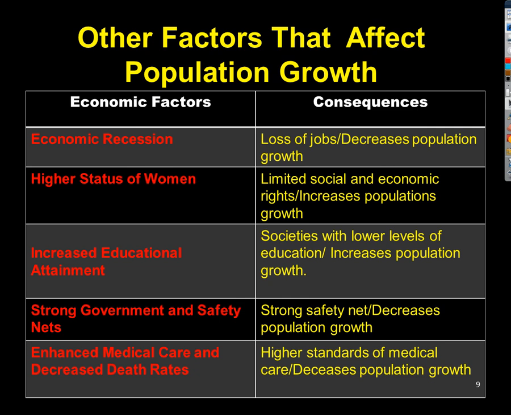So that could in turn have a decrease of population, but their higher status also allows women to earn more money than what they used to, and that would have an increase of population. Educational attainment.